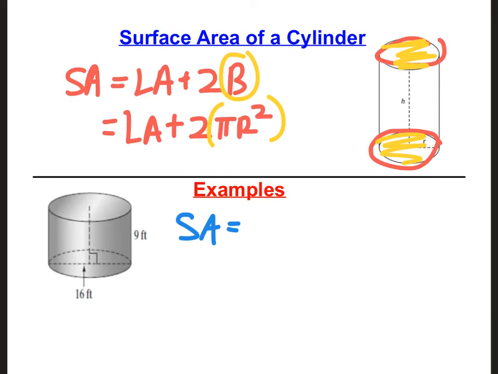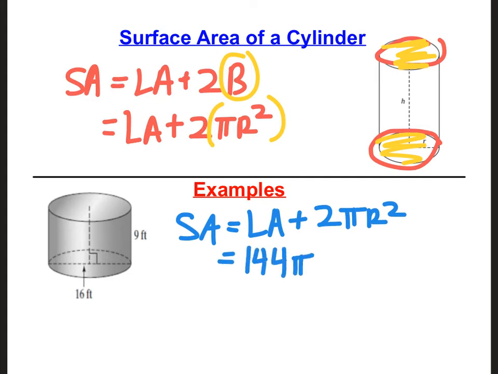So I said in the last slide my area was 144 pi for lateral area. Let me write my formula first, and then we'll do it. Lateral area plus 2 pi r squared. So we have 144 pi for lateral area, and then we're going to do plus 2 pi. Again, we did this on the last slide.